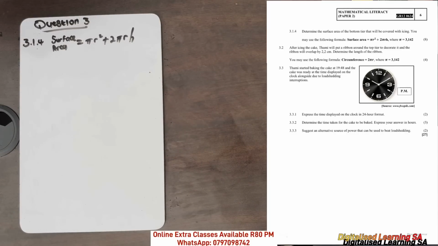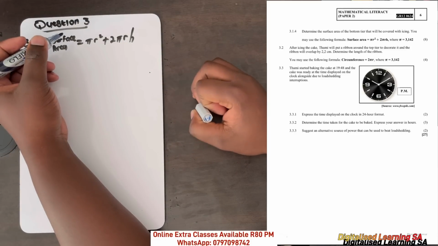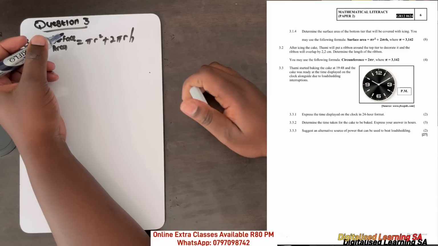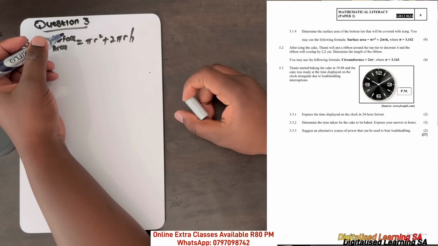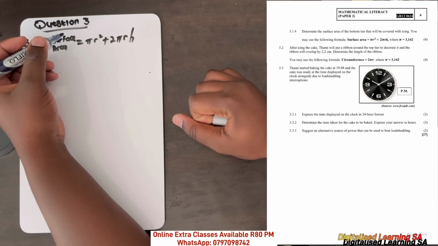In this case, we can see that our height is given in millimeters, and if we want to convert from millimeters to centimeters, we just divide by 10. Some of you might be asking why we are converting our height into centimeters.